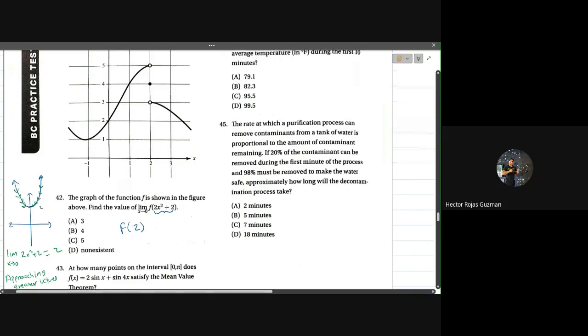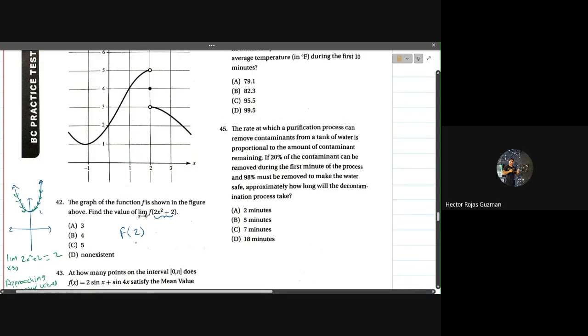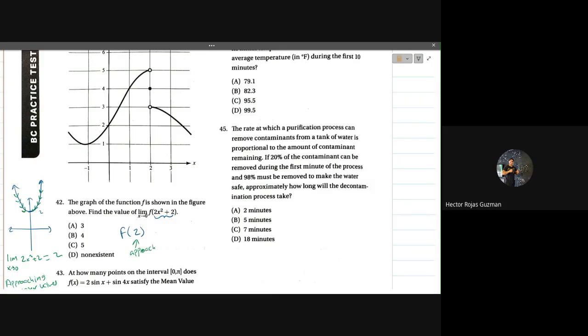When I go back to the regular problem, I'm approaching 2, but I need to approach it from the greater values, meaning the right side. And if I approach it from the right side, the limit is 3. That was a tricky one.